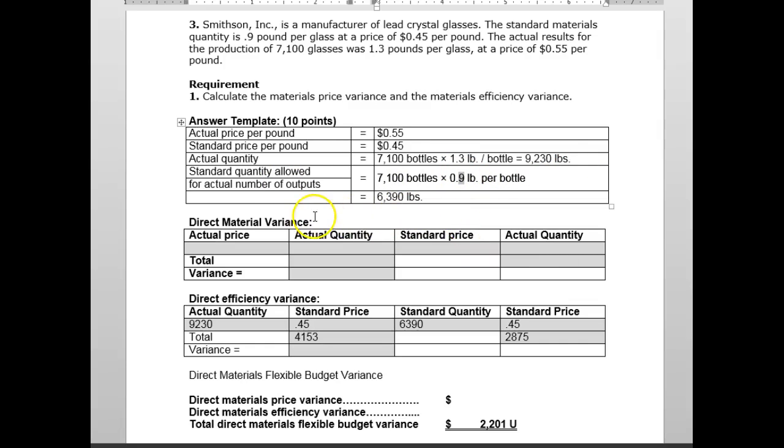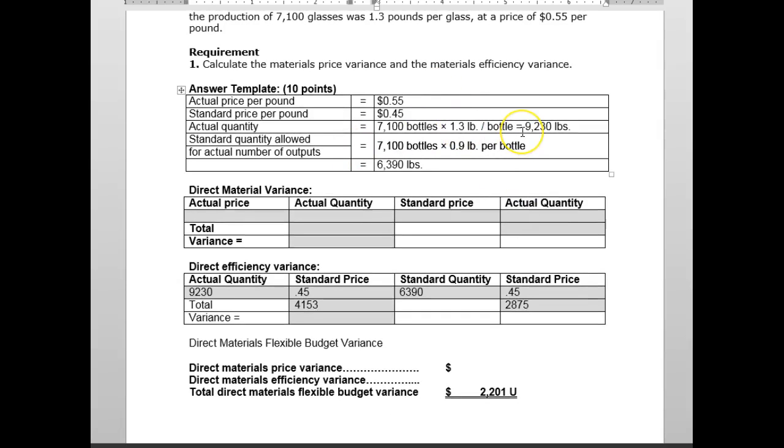This is how much we should have used, and this is how much we did use. Now, just looking at this, the actual price per pound was higher, and what we used was higher. So I'm pretty well thinking we're probably going to have an unfavorable variance because everything was higher than what it should have been as a cost. But we don't know which was more.